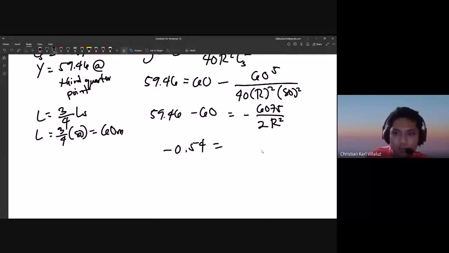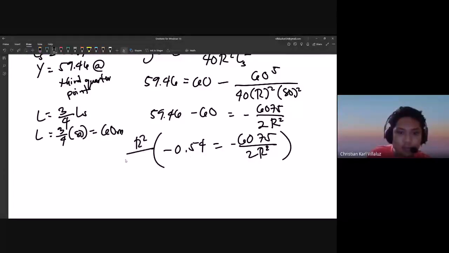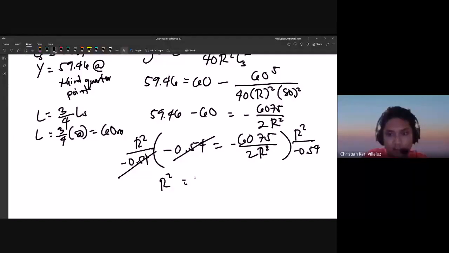So, ito na siya. Okay, so cross-multiply natin yung r squared dito sa denominator. Multiply natin both sides by r squared over negative 0.54. Okay, para r lang matira. Separate natin yung r. So, r squared equals 6075 over 2 times 0.54.